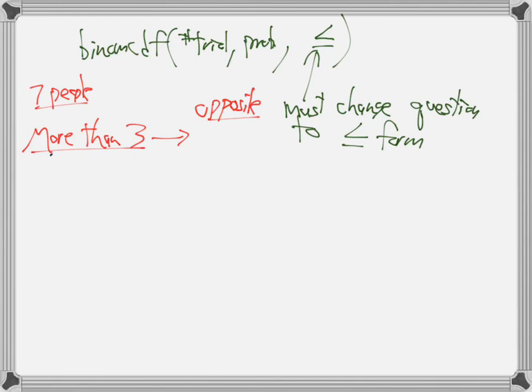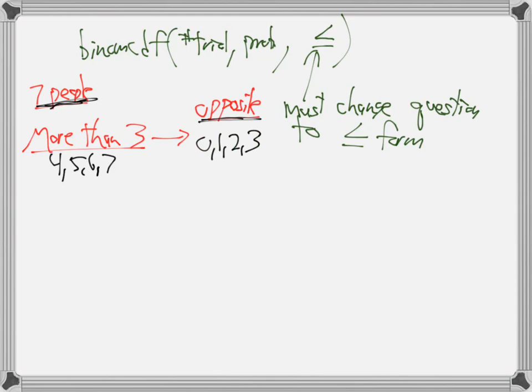More than 3 is like 4, 5, 6, or 7, right? Out of 7 people, if more than 3 do whatever, then that's 4, 5, 6, or 7. Isn't that more than 3? Okay, and what's the opposite of 4, 5, 6, or 7? 0, 1, 2, and 3. Right?